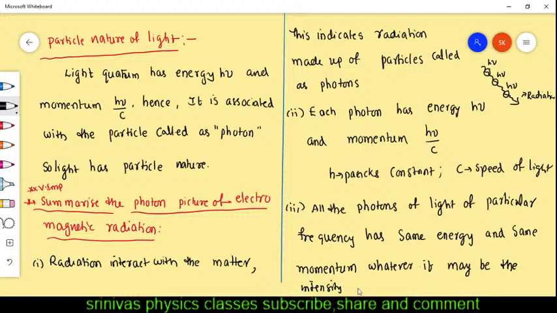What is the meaning of this? All the photons of light of a particular frequency have the same energy and same momentum, whatever the intensity. I will explain what this means.